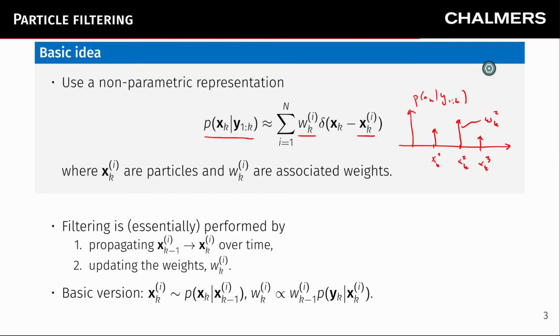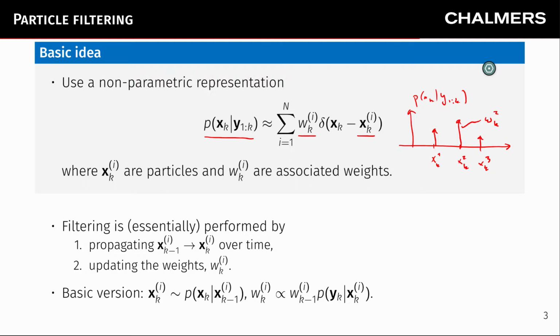So during this lecture we will see that this is a very flexible representation, that it has some convenient consequences. For example, we can use the fact that each individual particle, whose density is modeled as a Dirac delta, has no uncertainty associated to it. So compared to other methods, in the particle filter we can often assume that we know the true state.